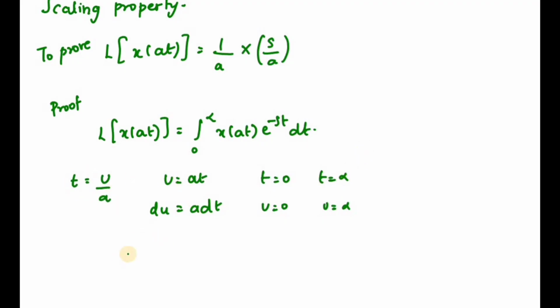So I'm going to substitute. Laplace of x of at is equal to integral from 0 to infinity of x of u, instead of at I can substitute u, e power minus s, instead of t I can substitute u by a, right? Instead of dt I can substitute du by a.